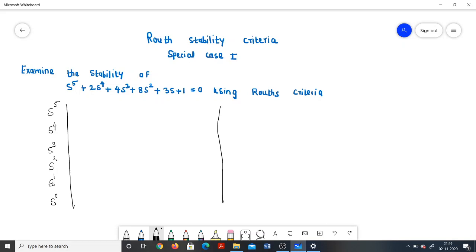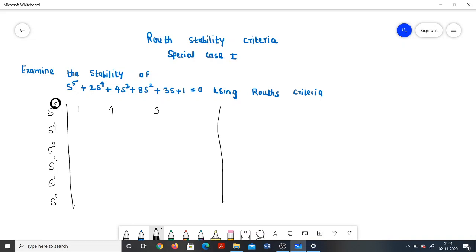Since 5 is odd, the odd term coefficients are going to come here. So the s raised to 5 coefficient is 1, then s cube is 4, and so on. So the first row will be like this.